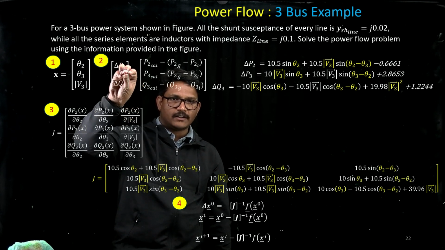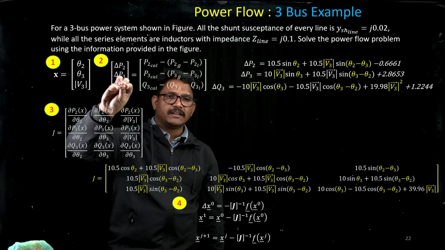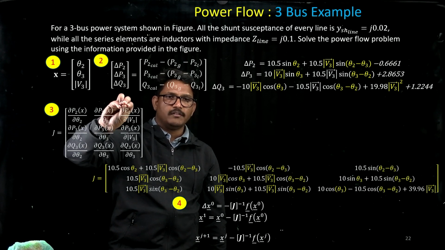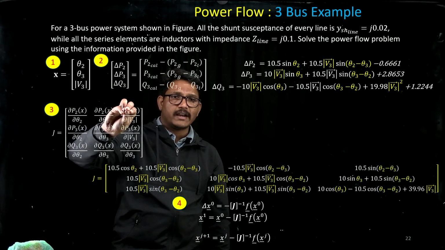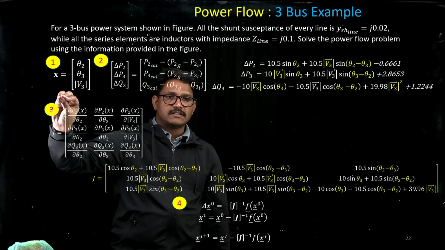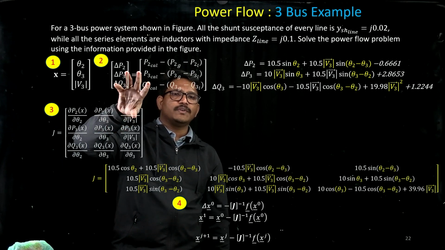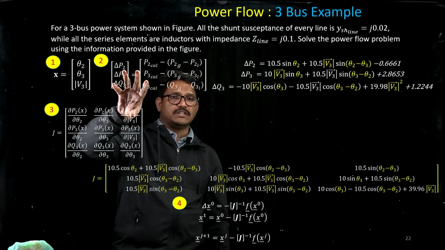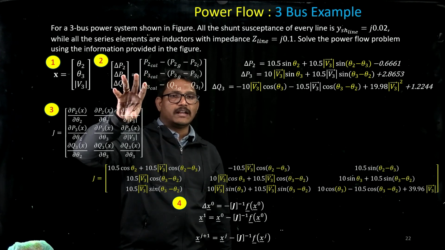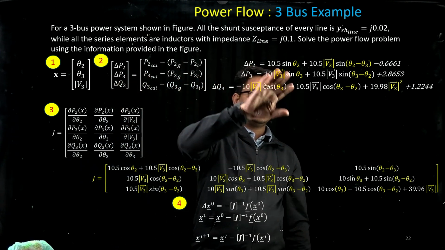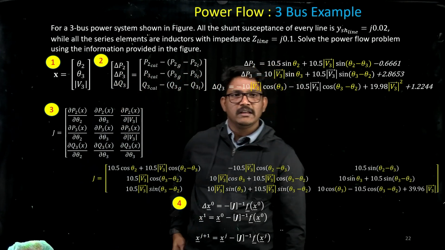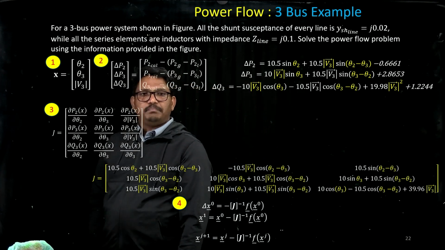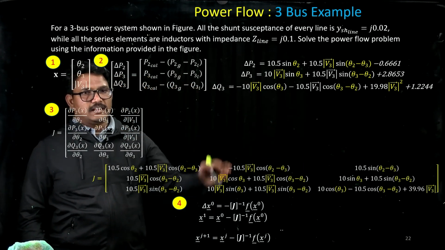Let's say you have 3 functions here. We expect these 3 function values to be 0, provided the solution that we have considered is the right solution. So we'll calculate the values of these functions, that is nothing but delta P2, delta P3, and delta Q3 here. The expressions for calculating all the 3 power deviations are available for us.